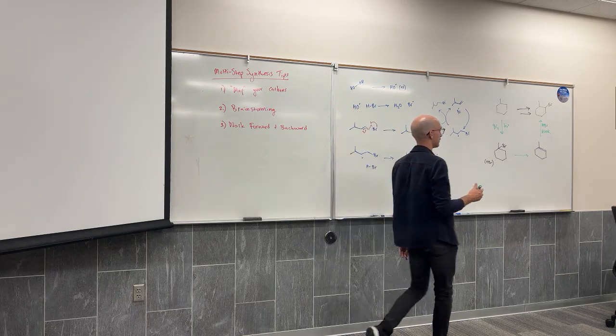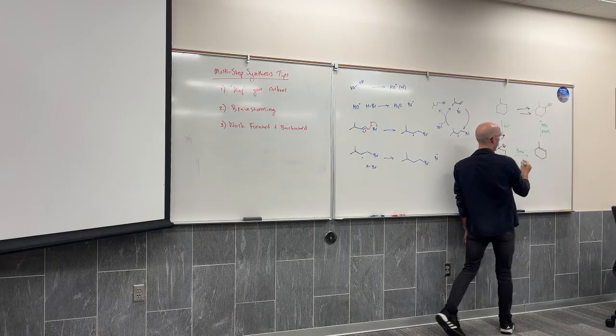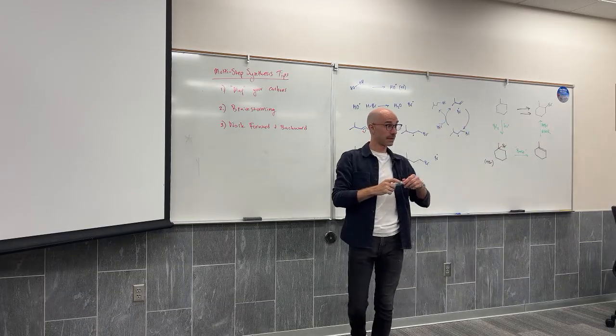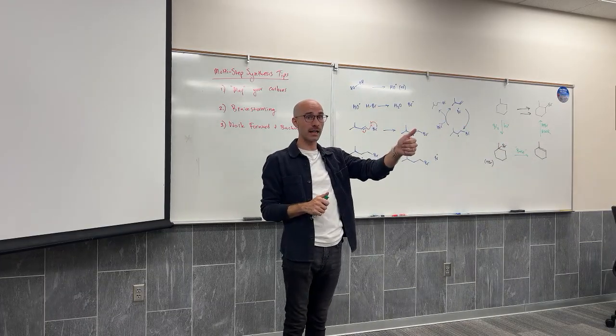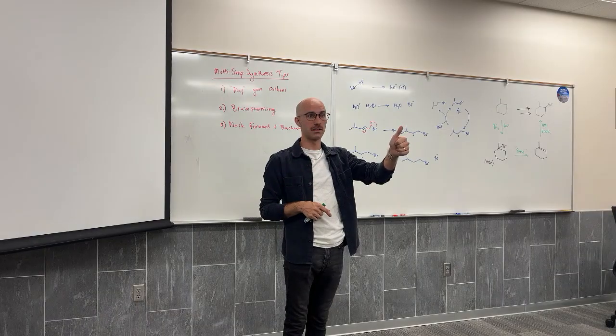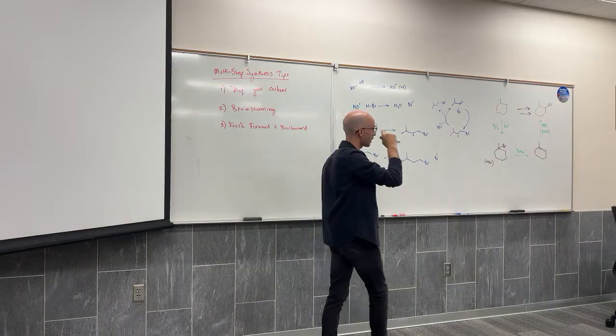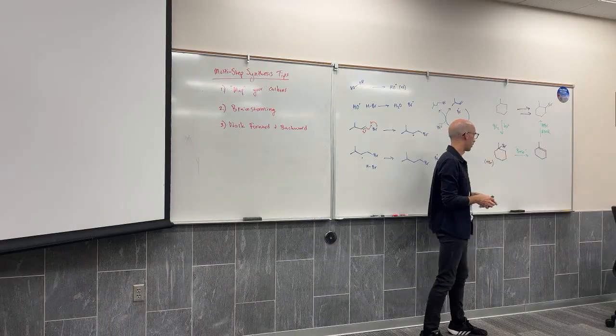A base. Now we haven't gotten any more detailed than that. A base. But that's what I need. I need to deprotonate a carbon. I need to remove a hydrogen from it. And in that same step, it will form a double bond and kick off the bromine.